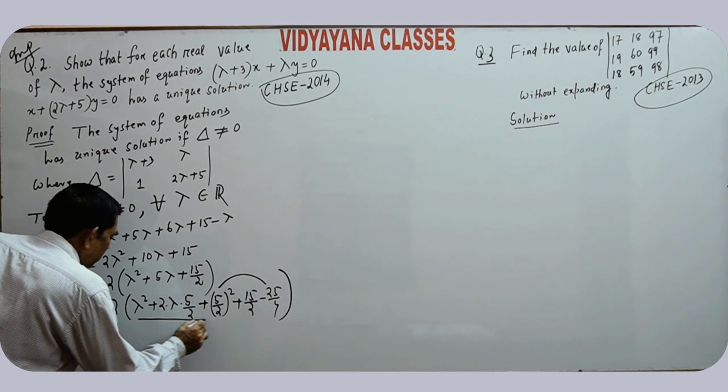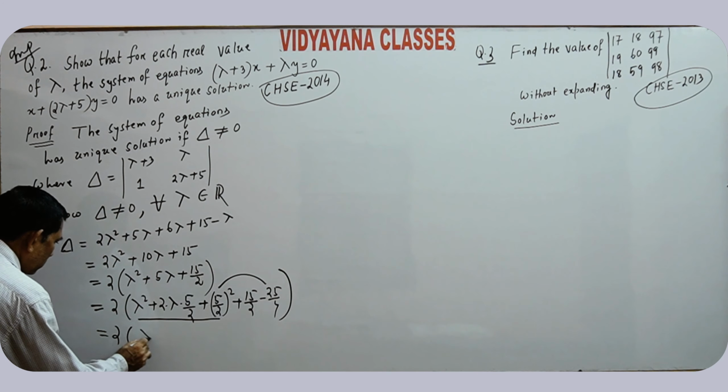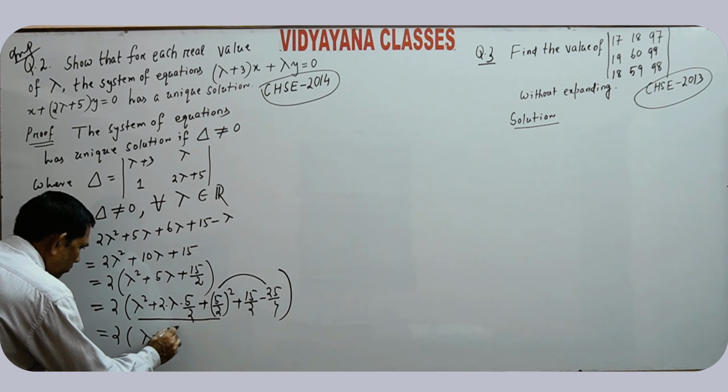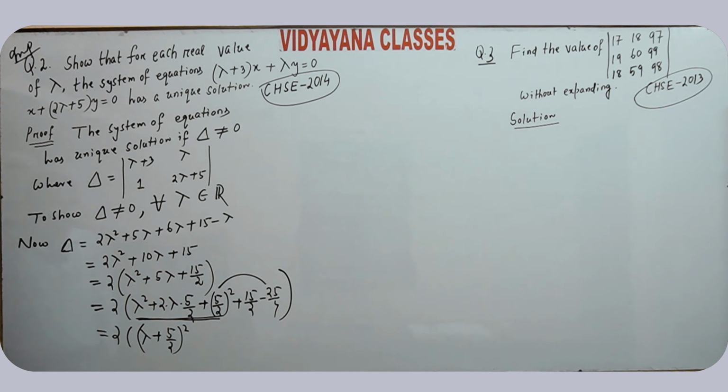This value is lambda plus 5 by 2 whole square.